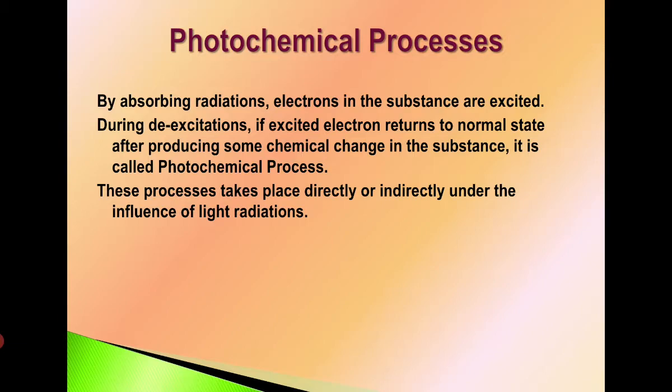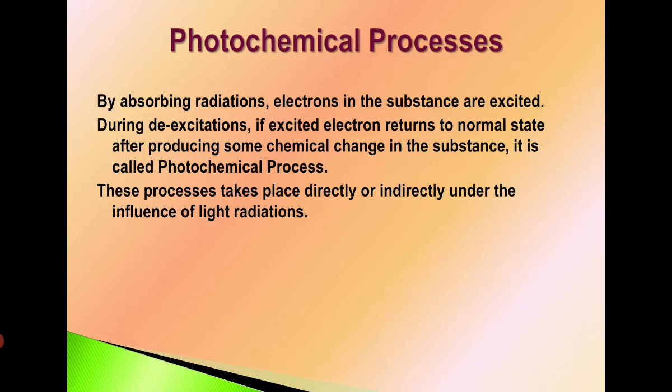We know that electrons absorb energy and get excited to higher levels, where they are unstable, and therefore they come back to the lower levels by releasing some of the absorbed energy.